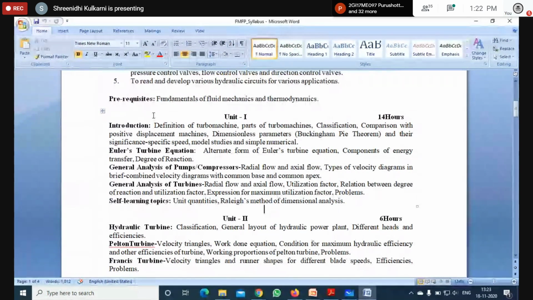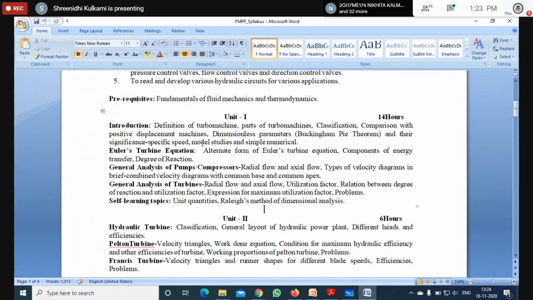So one is to define a turbomachine: parts, classifications, comparison with positive displacement machine. That is the difference between turbomachines and positive displacement machines. Dimensionless parameters using Buckingham's pi theorem.